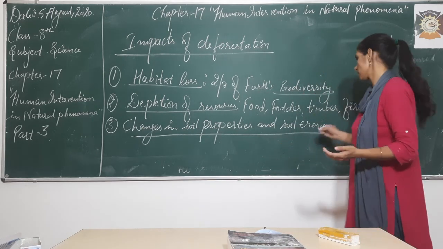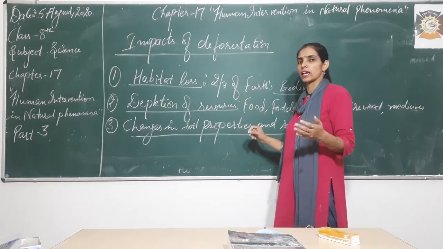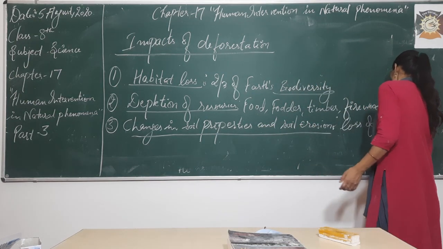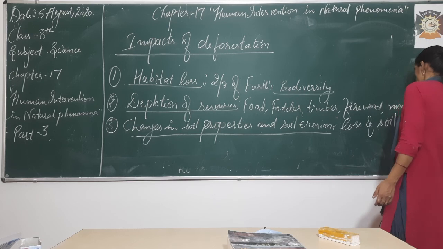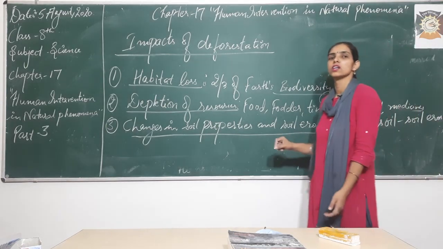If the soil is getting blown away, what will happen? This loss of soil will occur, which is known as soil erosion, right? So what is soil erosion? Soil erosion means loss of soil.